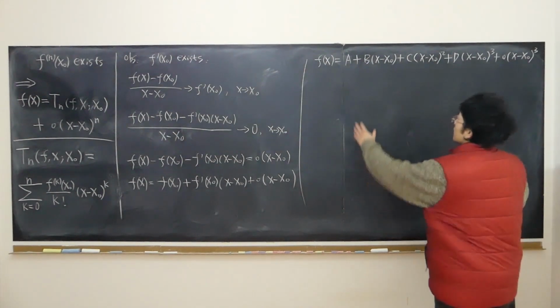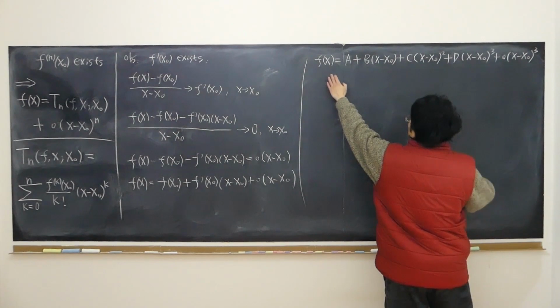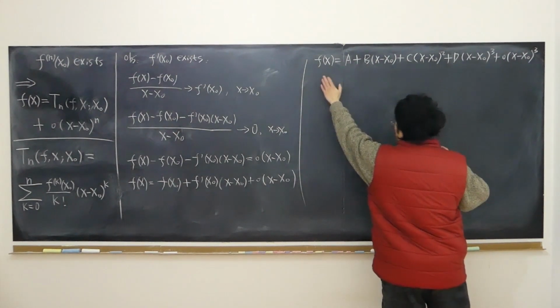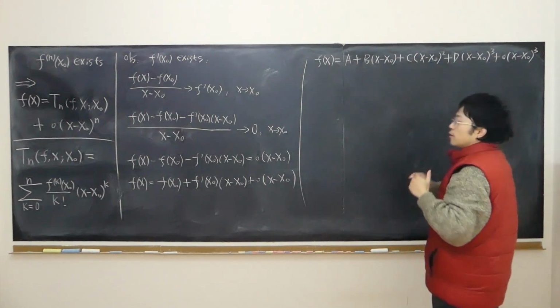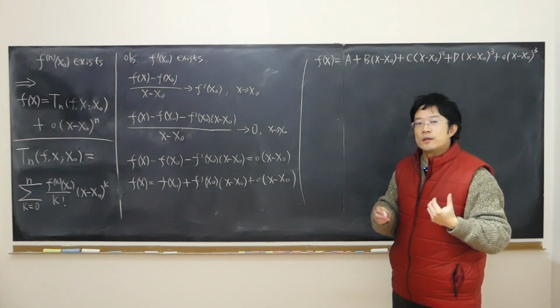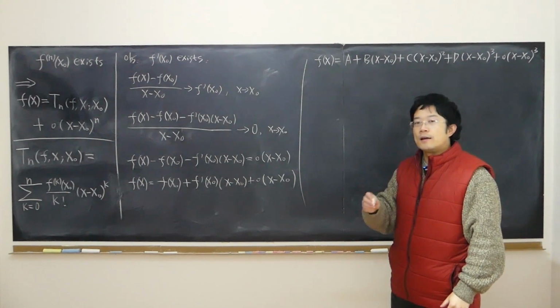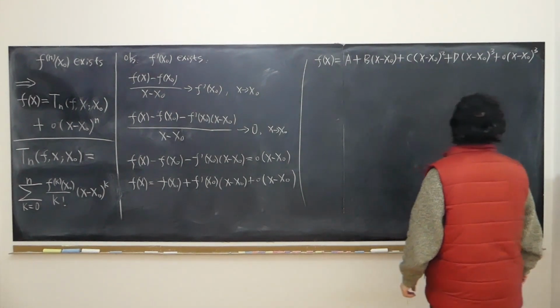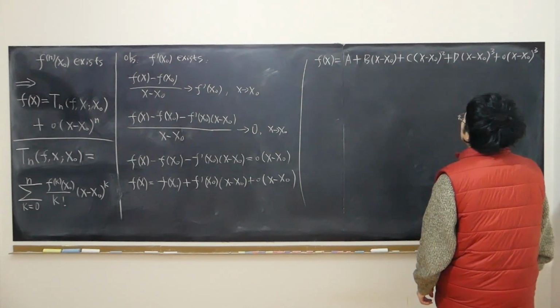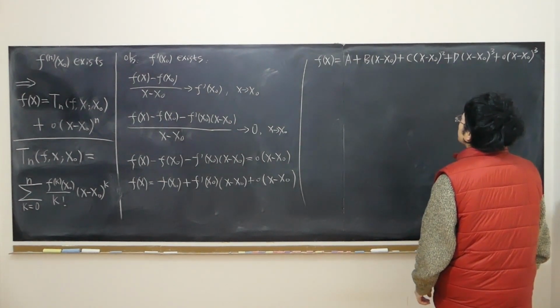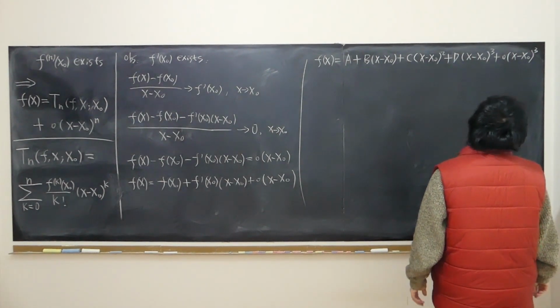So the margin of error between this quantity and this quantity will also be small enough, which means we can approximate our function as precisely as possible. So that's from a physics point of view.